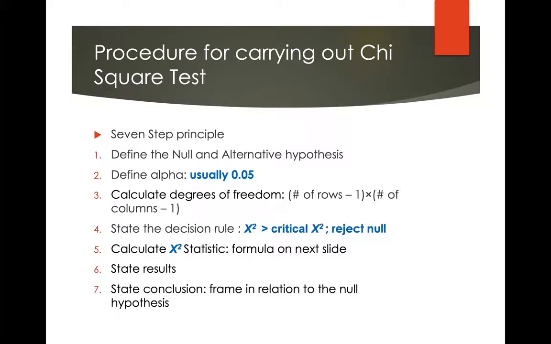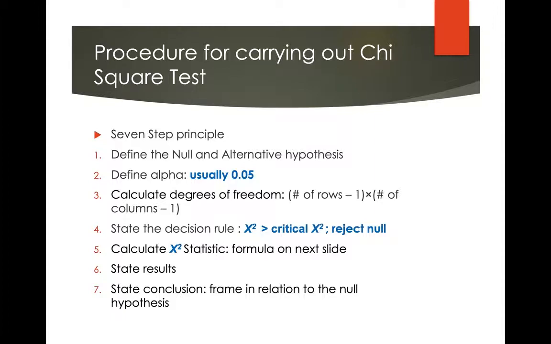We carry out the chi-square test using the same 7-step principle as we do for all of our other hypothesis testing. We start out by defining our null and our alternative hypothesis. We define alpha, we calculate our degrees of freedom, and find our critical value, which is our chi-square statistic value, using the chi-square distribution table.